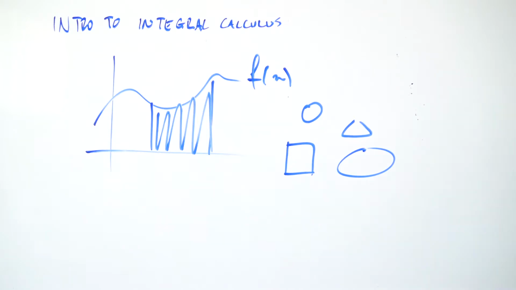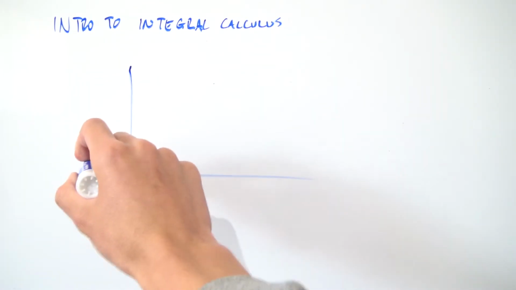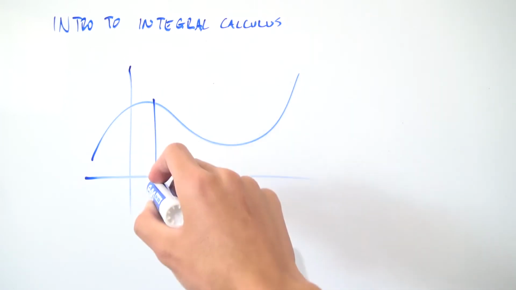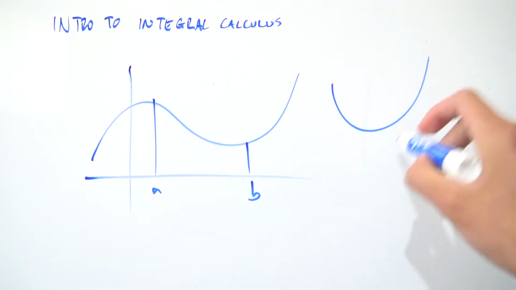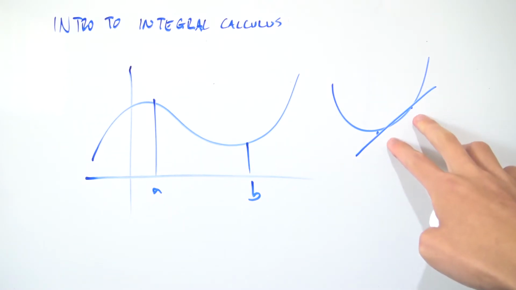And the way to do that, I won't go into too much of the mathematics in this video. If we consider, let's say, some cubic function for now, nice little cubic, and I want to find the area from point A all the way up to point B, the way we do that is we actually want to approximate the area a little bit first. Just like with differential calculus where we had a curve and we can estimate the gradient at a particular point by using two separate points.